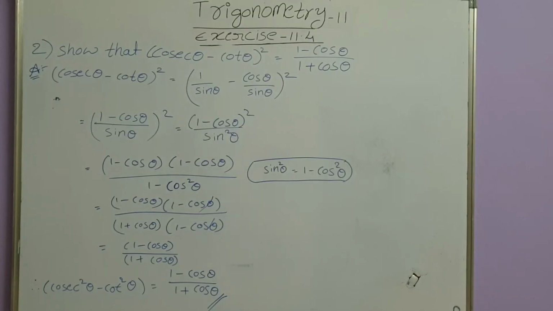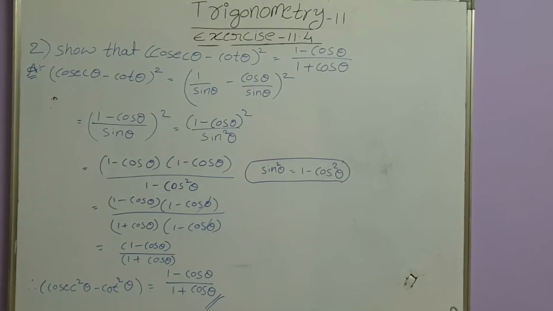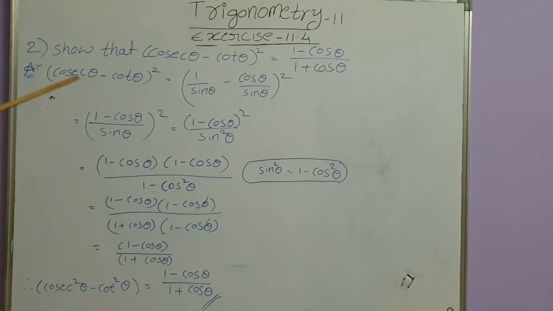In this second one, show that (cosec theta minus cot theta) whole square is equal to (1 minus cos theta) by (1 plus cos theta). Cosec theta minus cot theta whole square, write like this. What is cosec theta? 1 by sin theta. And cot theta is cos theta by sin theta, whole square.